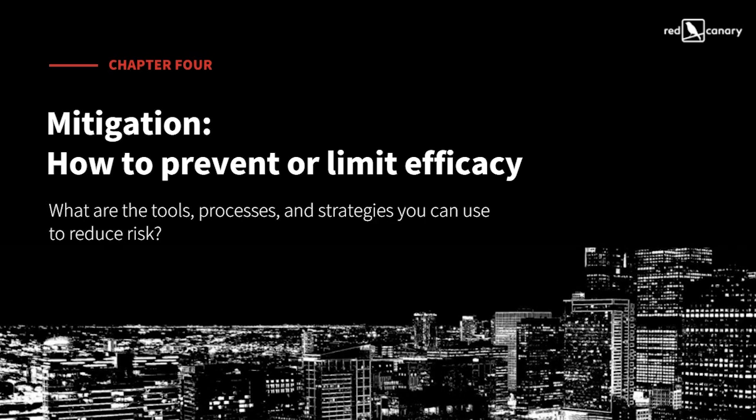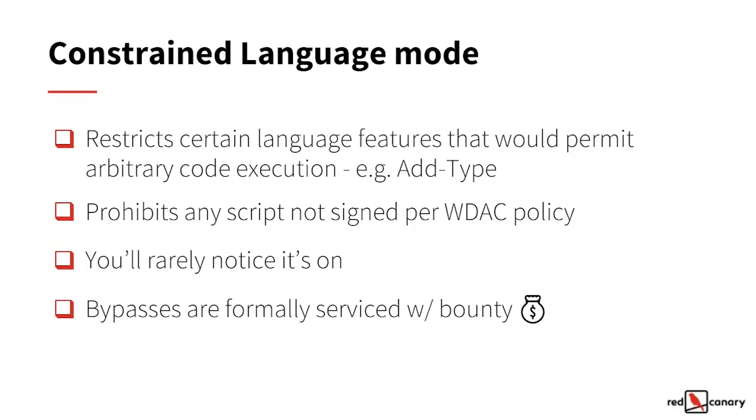So the one built-in feature that Microsoft gives us for mitigating the impact that suspicious and malicious PowerShell would have is called constrained language mode. This is enabled automatically in concert with either an AppLocker or a Windows Defender Application Control, or WDAC, policy being enforced. So yes, there is a higher bar in play to enable this.